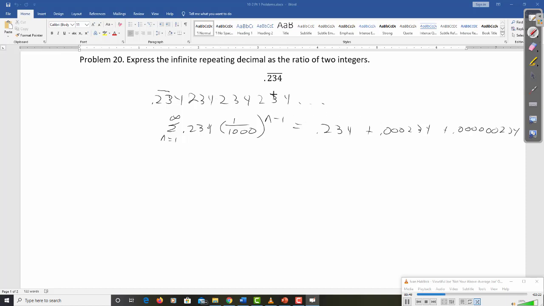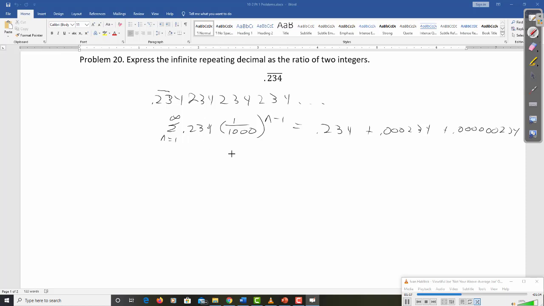And that'll keep tagging on these 2 3 4s. But this is a geometric series, so we know how to set this up as a sum, and from that we ought to be able to recover the integer version of this, because every infinite repeating decimal is a division of integers. That's something you learn in college algebra.